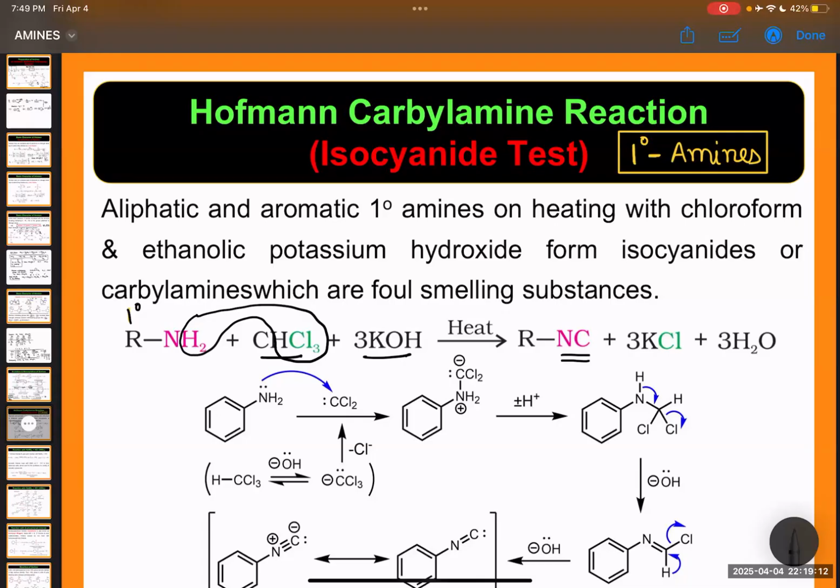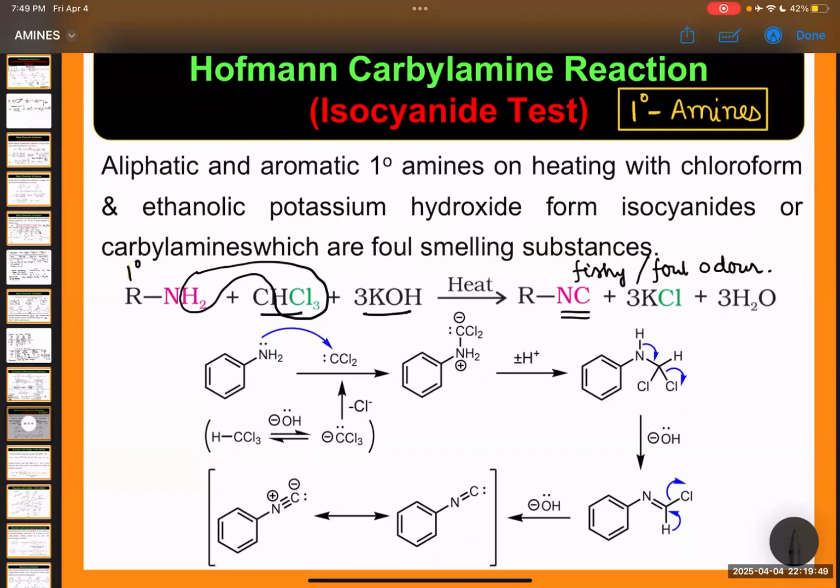This isocyanide has a foul fishy odor. And if you observe this kind of odor, it means the amine which you have taken is a primary amine. Got it? Clear?